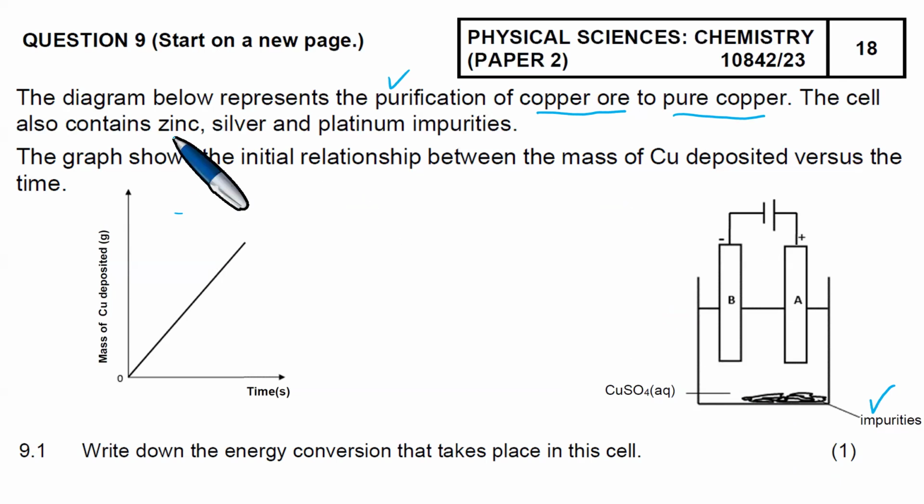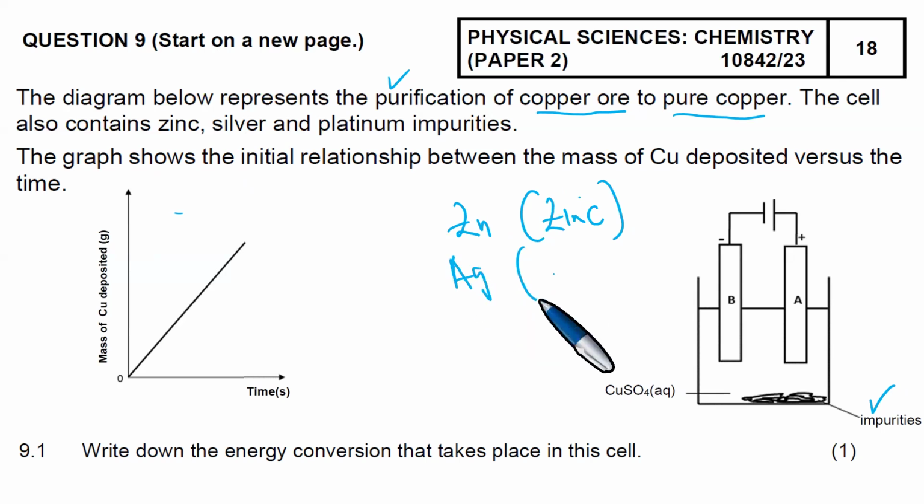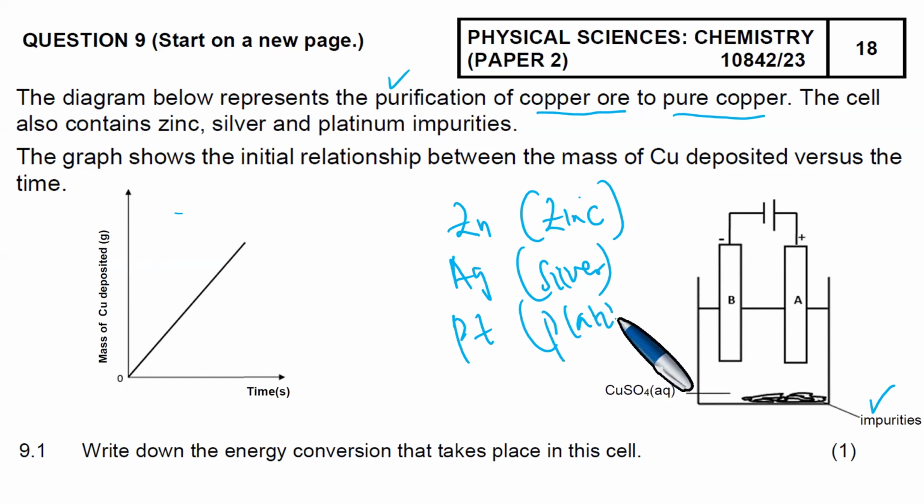The cell also contains zinc, Zn, silver, Ag, and platinum, Pt. These are the three impurities: zinc, silver, and platinum.